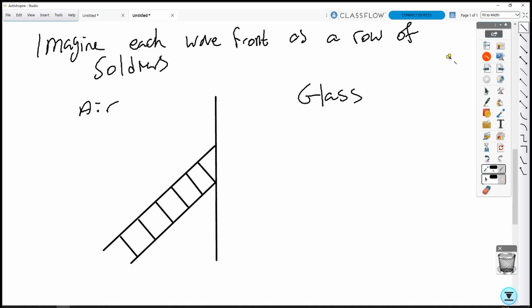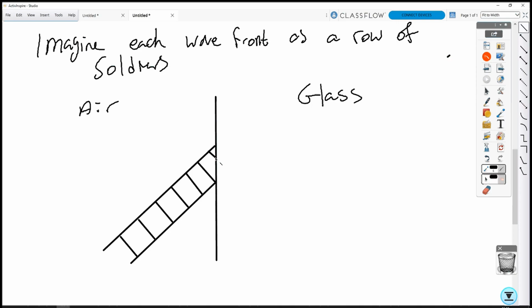When we reach the boundary, if you imagine that you're walking in the same direction as these soldiers, do the soldiers on the left side or the right side enter the mud first? Soldiers on the right side enter the mud first. If you look at that final line, the right side of that line is about to enter the glass. The left side of that line will continue to remain in the air.